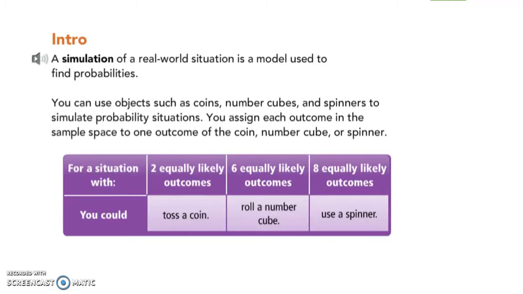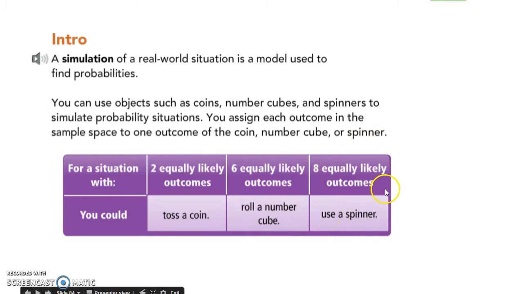A simulation is something that would give you a particular number of outcomes that you would expect. It's used to find probability. So if I was wanting to have a simulation that would give me 2 equally likely outcomes, I could do the simulation of tossing a coin because I know that gives me heads and tails. If I wanted a simulation of 6 equally likely outcomes, I could roll a number cube because I know there's 6 equally likely sides on it.